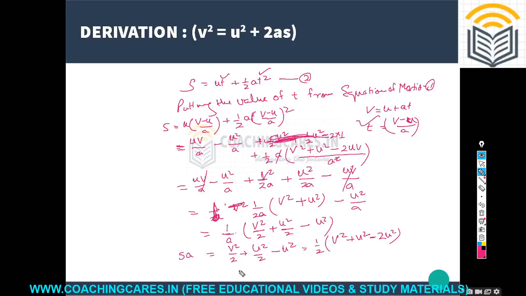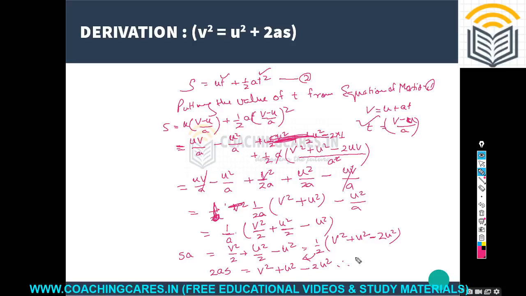So this will become 2as, we taken this at this side, is equal to v square plus u square minus 2u square.